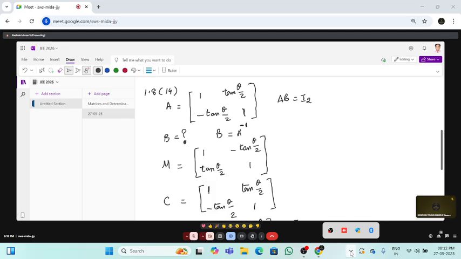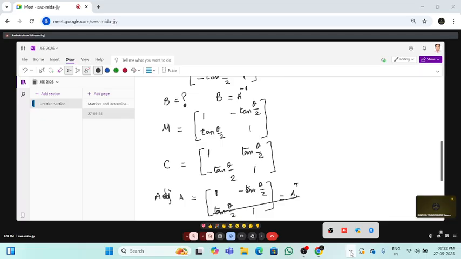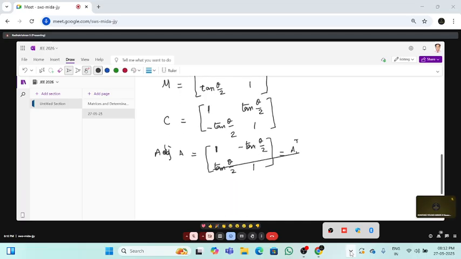So for position 1, 2, you remove row 1 and column 2. What remains is minus tan theta by 2. I understand, sir. And then for the cofactor you multiply by minus 1 to the power of i plus j. Then you do a transpose of C, you get adjoint A. Okay, so you got up to this.